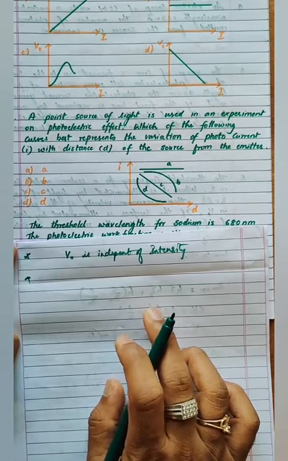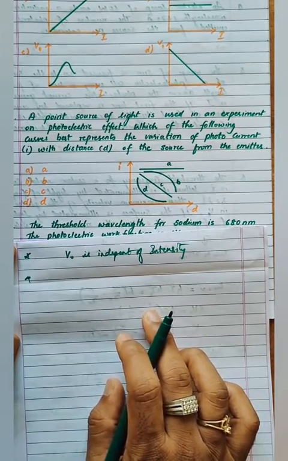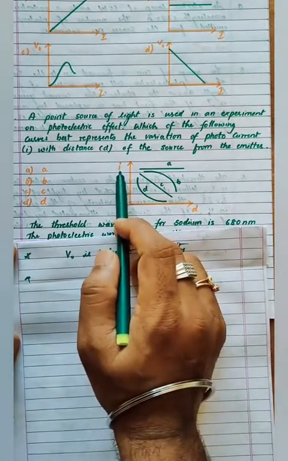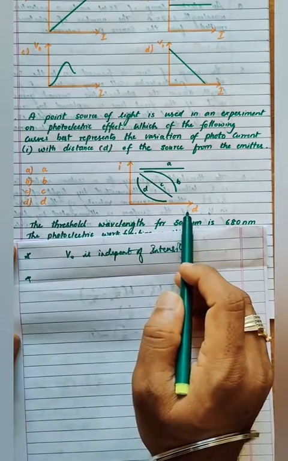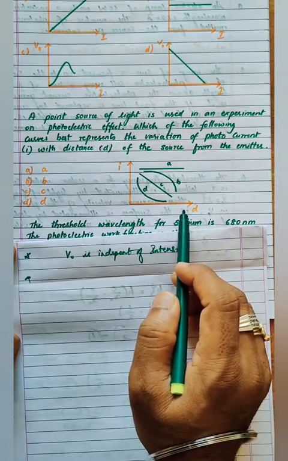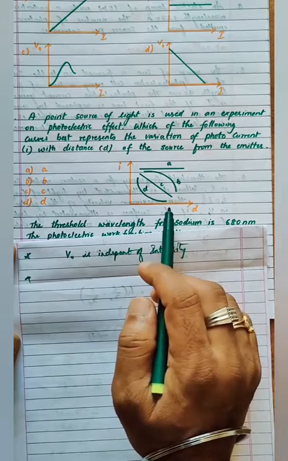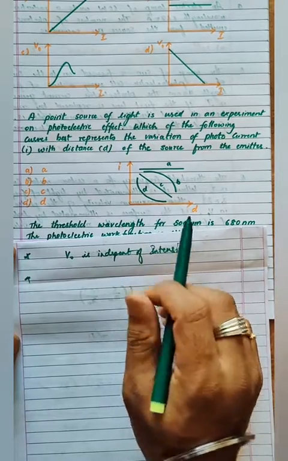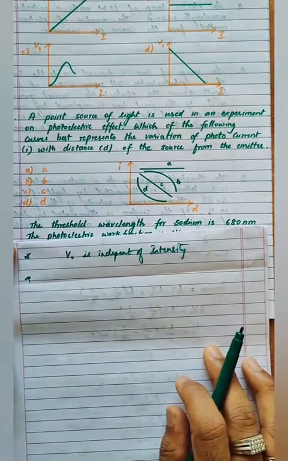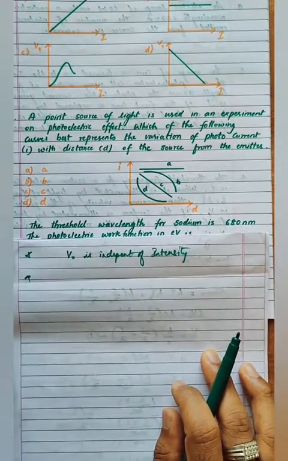Okay, see, here the photocurrent I and D is the distance. Which of the following will be exactly suitable in the given graph?